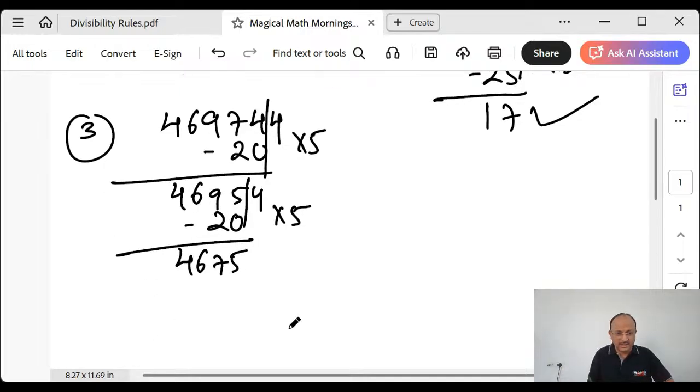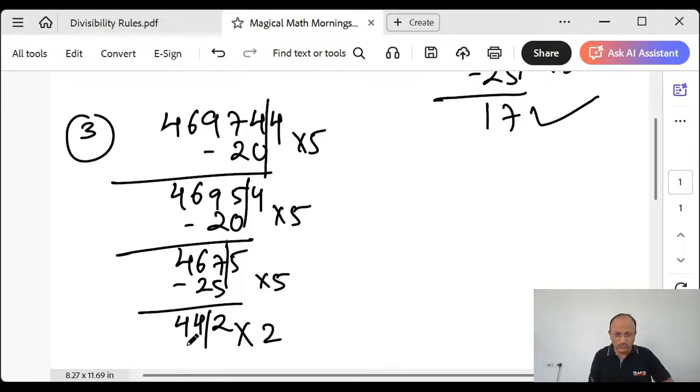Still it is bigger. Last digit into 5. 5 fives are 25. If you do 7 minus 5 is 2. 6 minus 2 is 4. And 4. Again last one into 5. 2 fives are 10. When you subtract, you got 34. 34 is divisible by 17. This will make your process much easier actually. Okay, this is simple. This is divisible by 17.